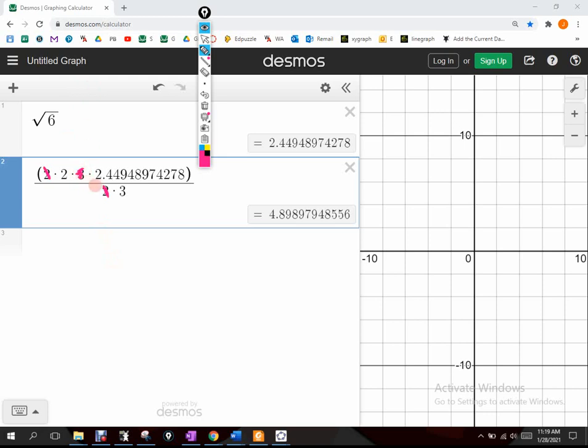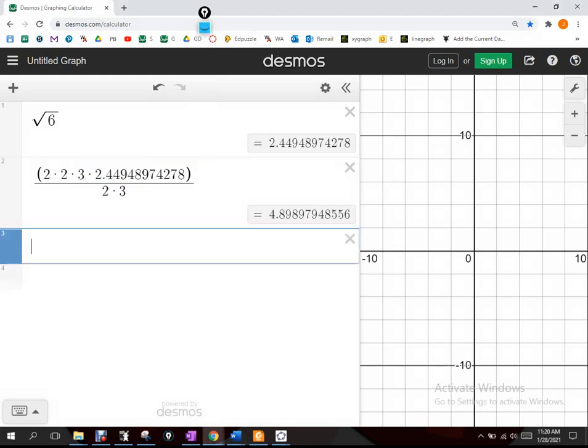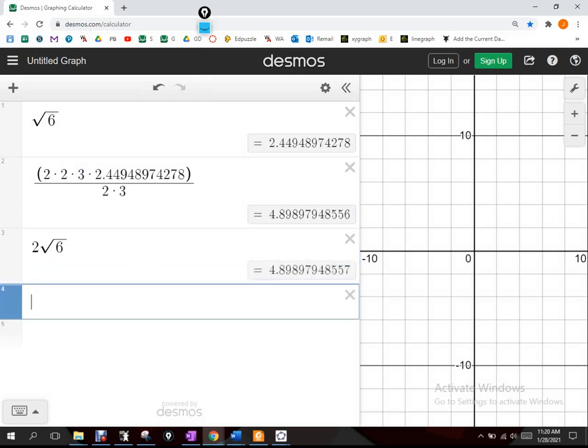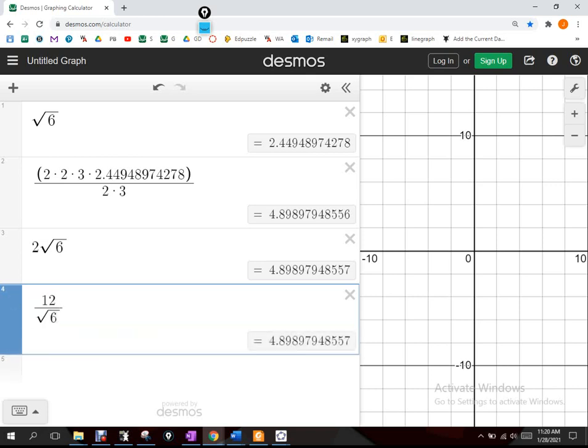That 3 right there and that 3 right there, they cancel each other out, right? So we're left with nothing on the bottom, but we're left with 2 on top and that number right there, which we said was radical 6, right? So 2 radical 6 ends up being our answer, which was the same thing as 12 divided by radical 6. That's what we started with, and that's what we get to.